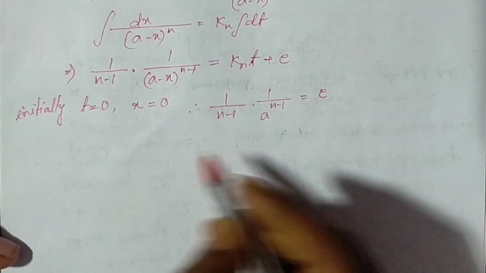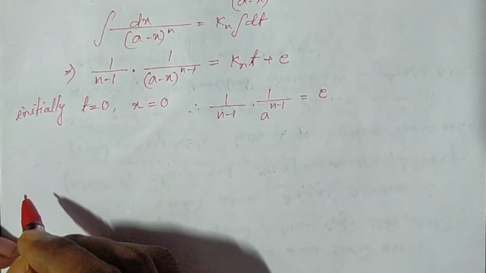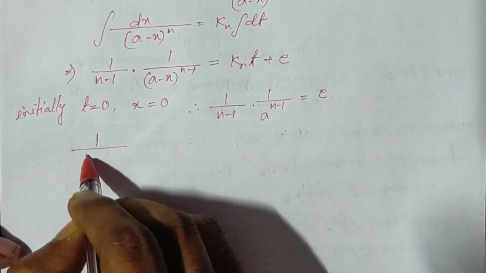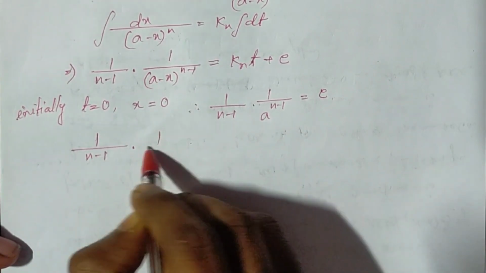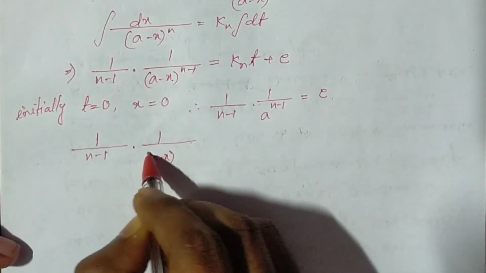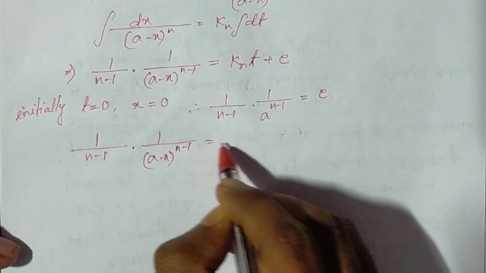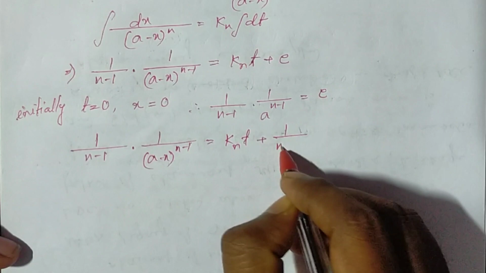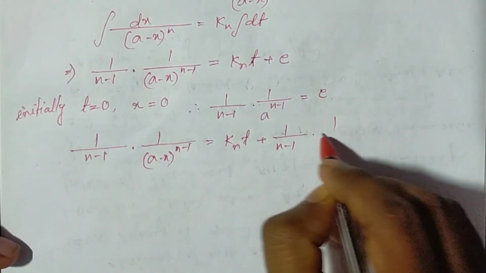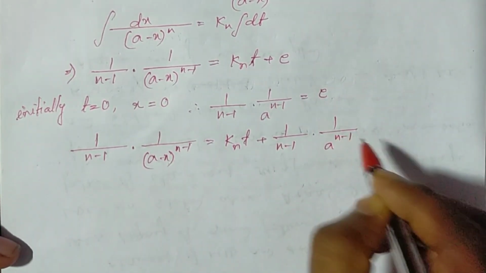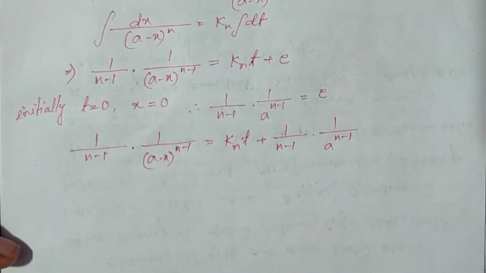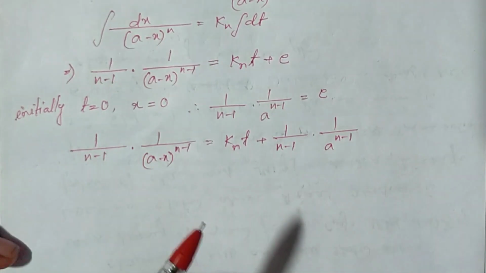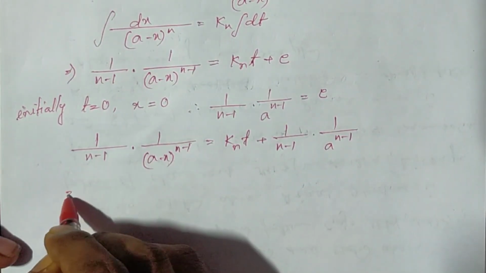So when we put this c value in this equation, we will get 1 by n minus 1 into (a minus x) whole to the power n minus 1 is equal to kn t plus 1 by n minus 1 into a to the power n minus 1.